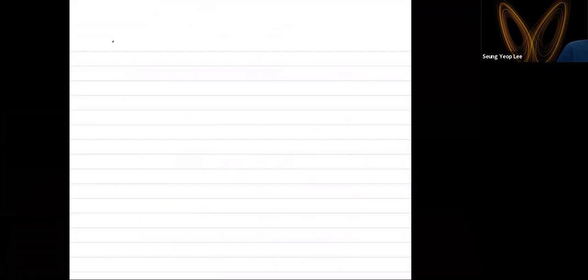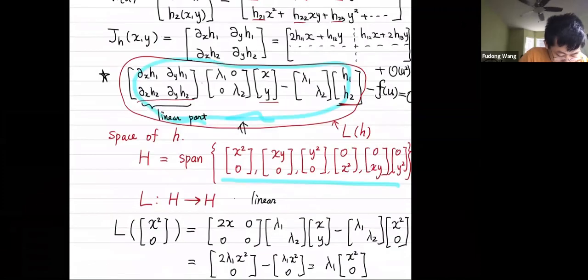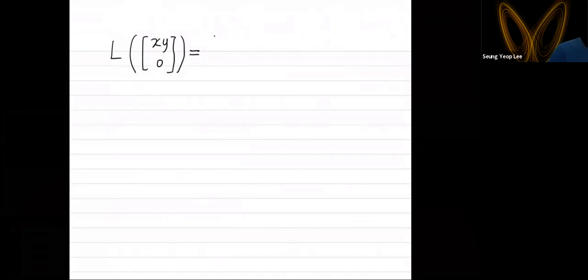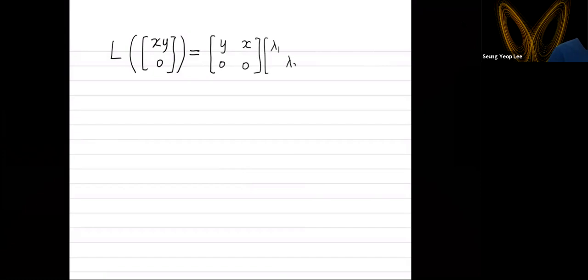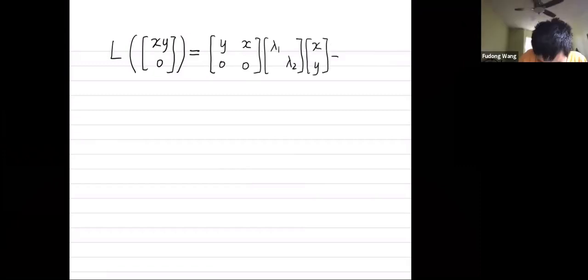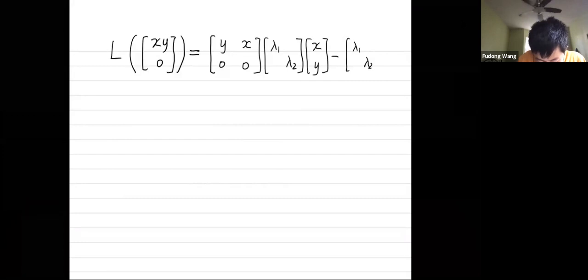Okay, and then let's calculate the next one, L of x y, 0. First taking the Jacobian, so taking the derivative in x, you get y. Derivative in y, you get 0. This, lambda 1, lambda 2, xy, minus lambda 2, xy, 0.